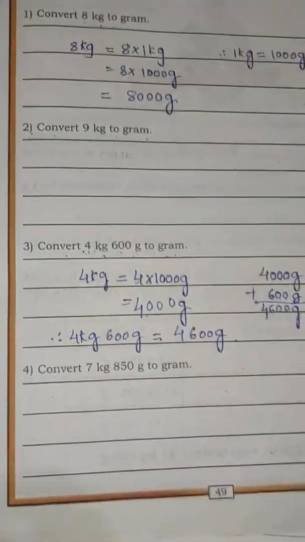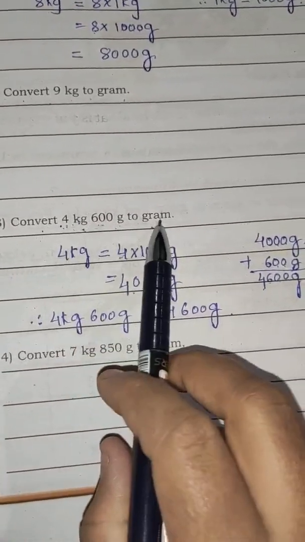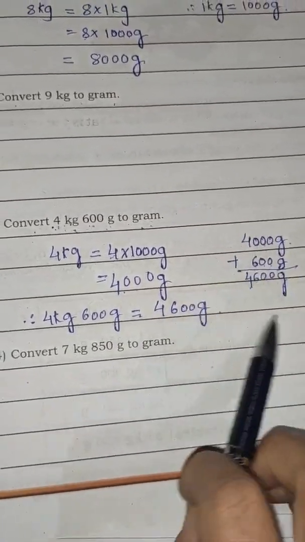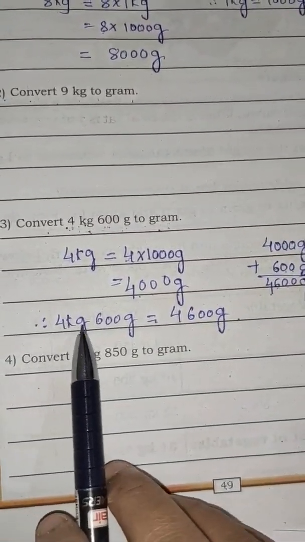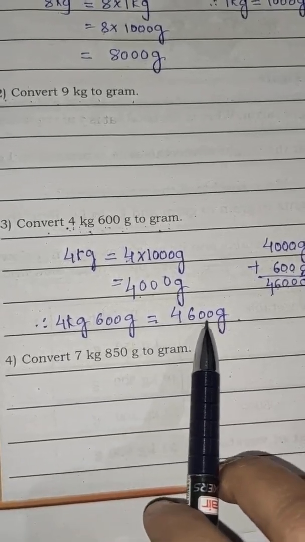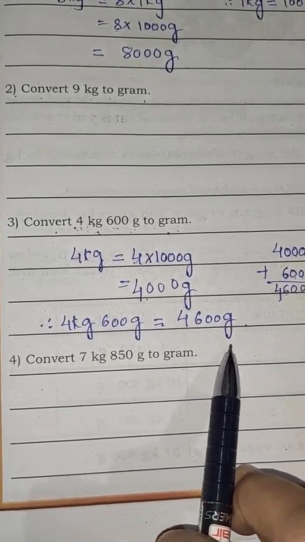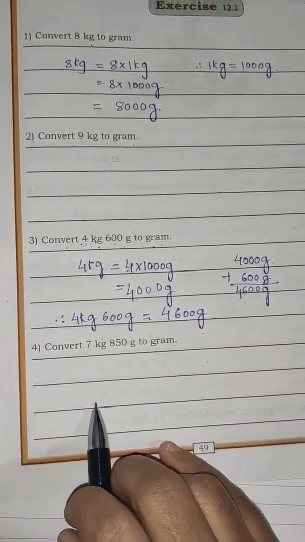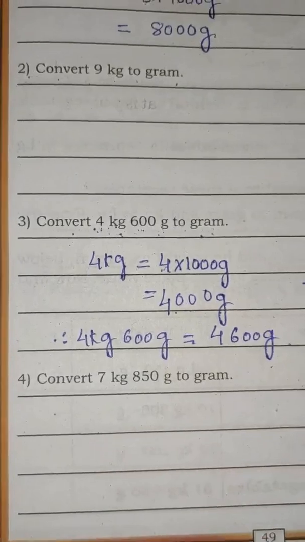Understood, children? First you have to convert this kg into gram, then you have to add this gram with this answer. So you'll get the total answer. Understood? Okay, so in the same way, children, you try to solve this fourth one. It is similar to the third one. Okay.